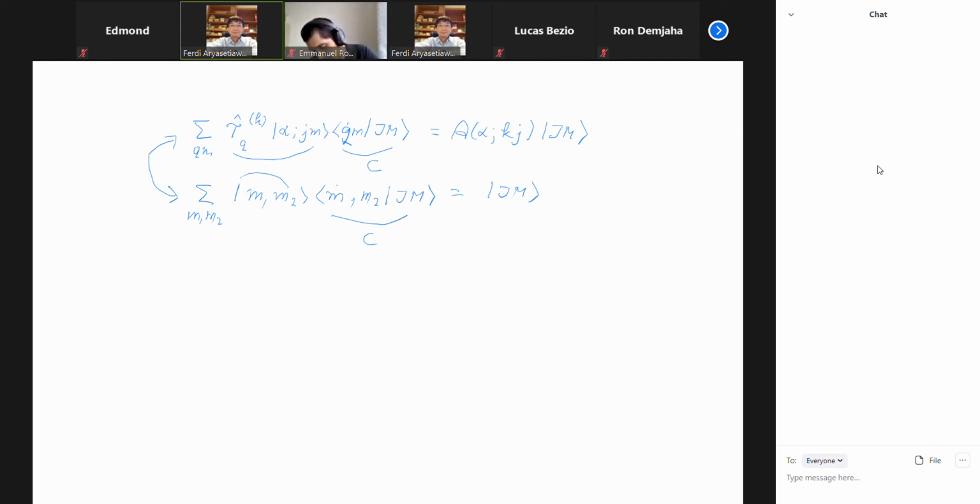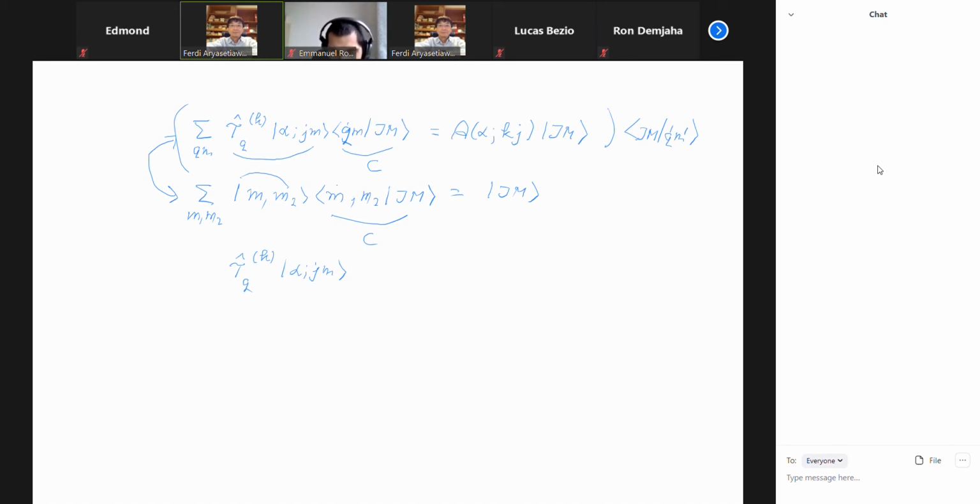So we can use the orthogonality, or the unitarity, of the Clebsch-Gordan coefficients to get this. We multiply both sides of this whole thing by the coefficient with QM. It should be a different label here, let's say Q prime M prime, and sum over JM.